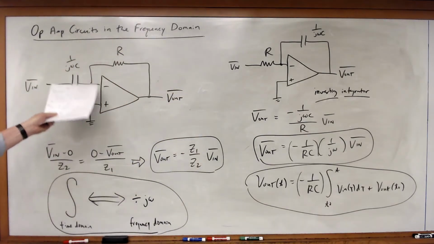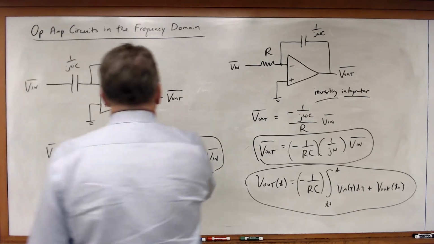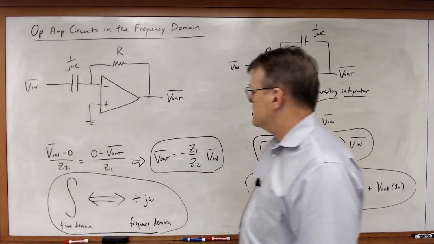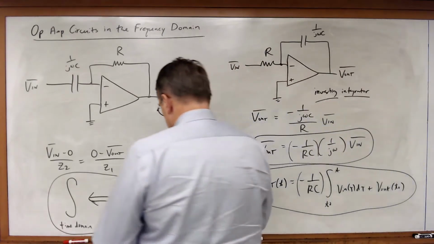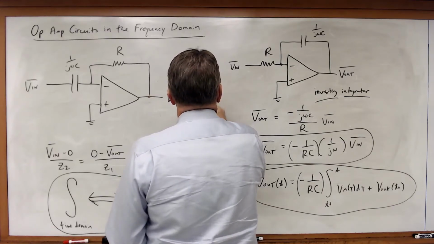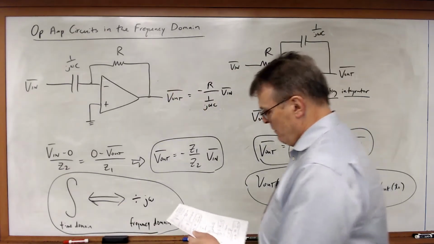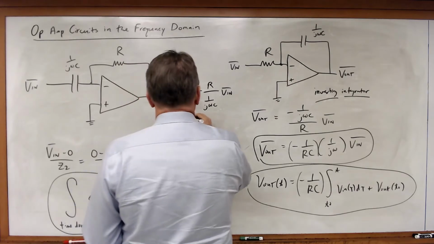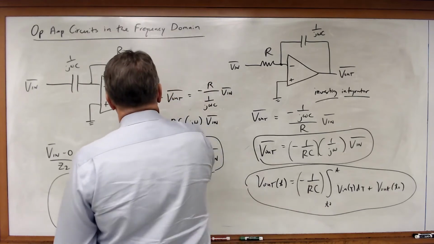Once again, I could write the KCL equation and apply the three rules, but if I once again just take this and realize that Z1 must be R and Z2 must be 1 over j omega C, I can quickly write the solution for this and see that this is equal to minus R over 1 over j omega C times Vn, which will be equal to minus RC times j omega times Vn.